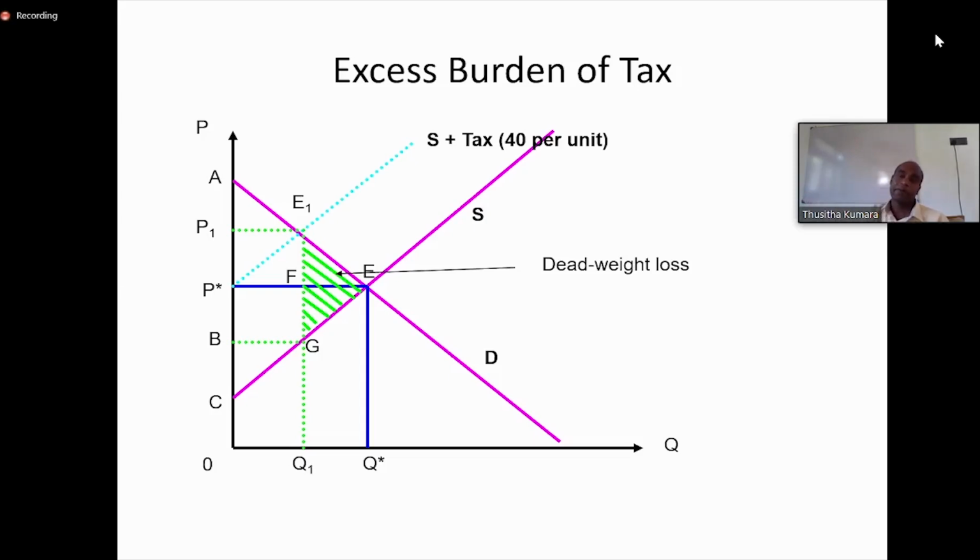Then there's a problem, because already you have this leakage because of the tax. Even G is already gone, and the P1E1GB is also gone. Then we are in trouble like today. You had no productive investment, so you have no gain. Now it is gone, both this area and P1E1EGB, all these areas are gone. That is a loss to the society.